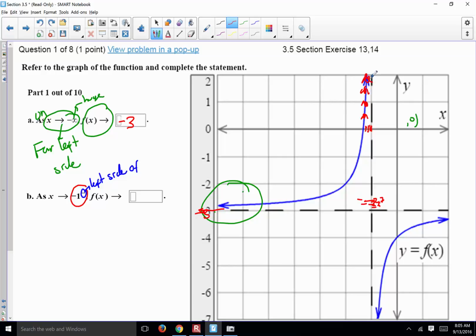Where are the f of x values going to stop somewhere? Is it ever going to stop? No, the arrow means it's going to the moon. So what is that ultimate value they're going to go to? Yeah, it's infinity, going all the way up. Okay? Make sense?